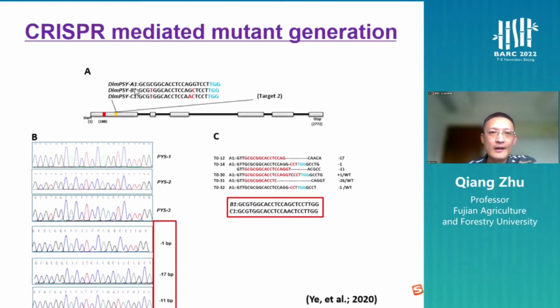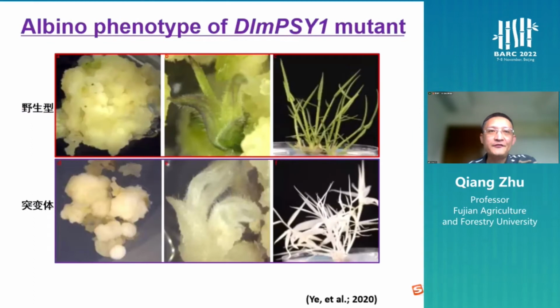We designed sgRNA specifically targeting the A1 gene, but not B1 and C1. Then we got the transgenic lines. After sequencing, we can see in the A1 region, we can produce different mutation types, but for B1 and C1, it remains as we expected.